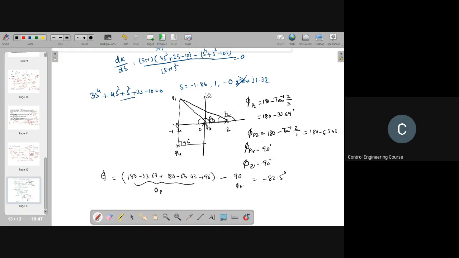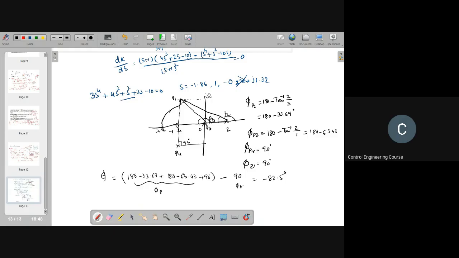So the path, how this root locus leaves from P1, this is P1, it is minus 92, minus 82 degrees, right? So in the reverse direction, it will be like this. So at this point, it is starting like this, and it is reaching minus 1.86. We already calculated that.